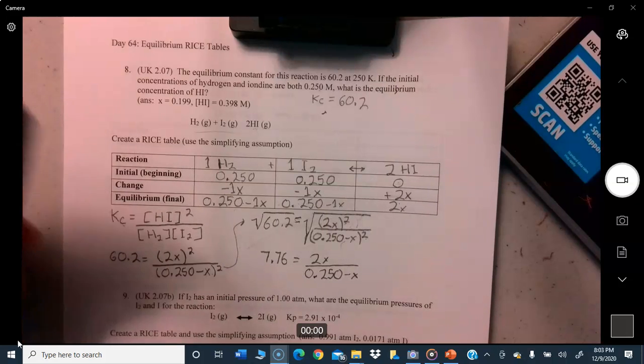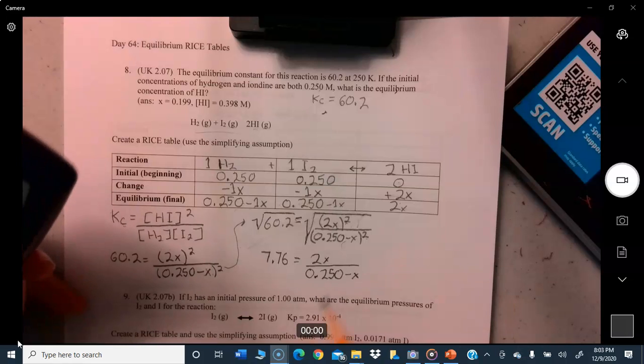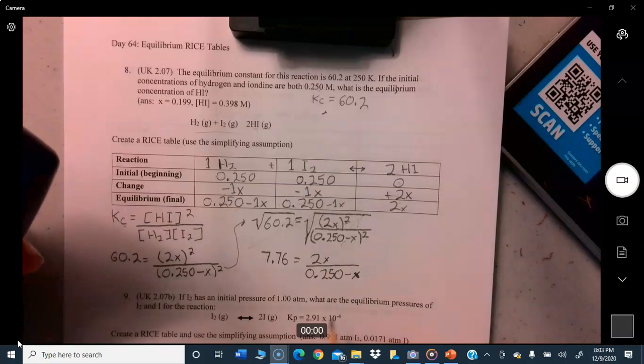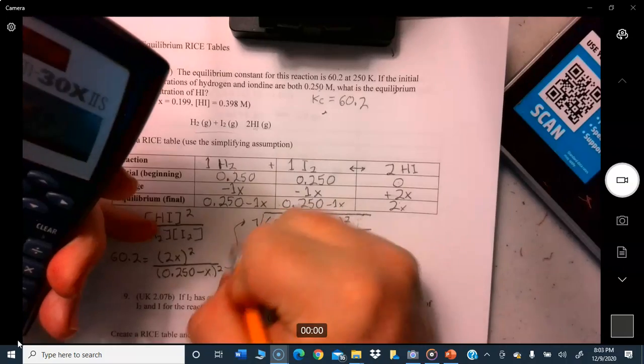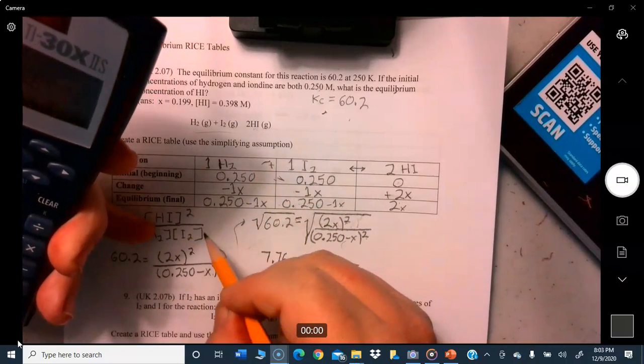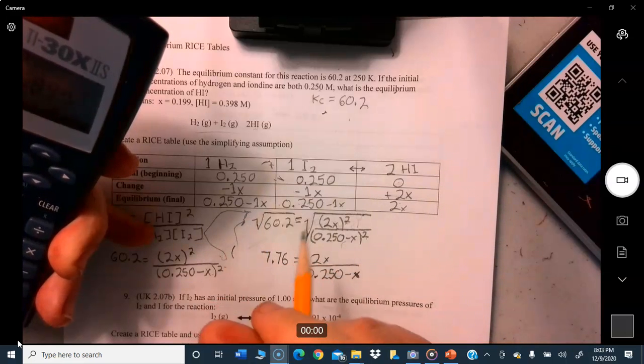Okay, at this point, do you eliminate that? Well, you can. It's not saving you from a quadratic, though. So I'm going to go ahead and keep it there. If you don't really have to save yourself from doing a quadratic, keep it there. So I am going to go ahead and multiply.